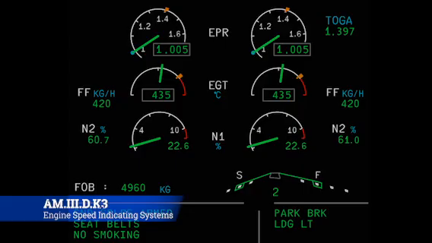Now, N2 and N1 are going to tell you a lot of the same things that EPR will tell you, except that N2 and N1 look strictly at the rotational speed and or the torque of your compressor inlet versus your compressor outlet, showing those two speeds and how they compare to each other.